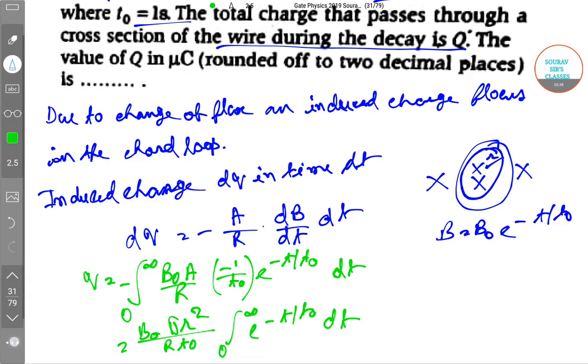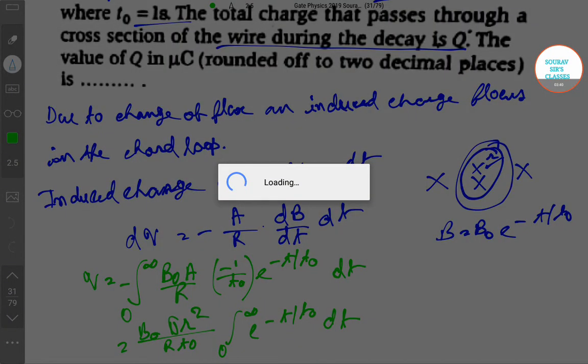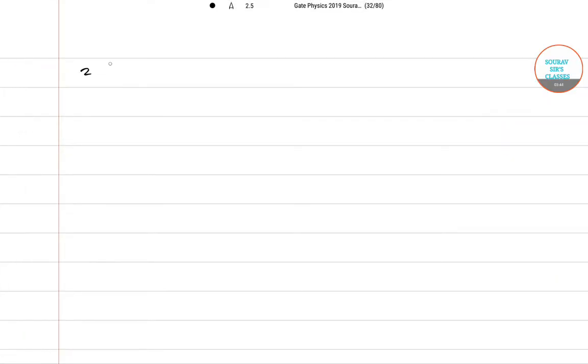So, now we can write this as: value of B0 is 0.01 into pi into r, which is 2 centimeter, so in meters, 2 into 10 to the power minus 2, whole square, divided by R into t0.